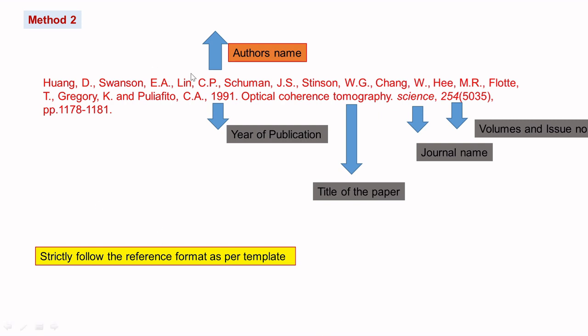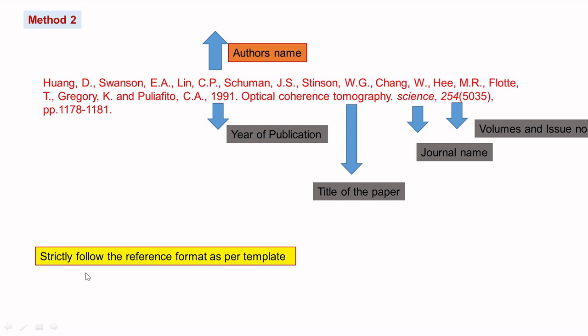First you should have the author name, then give the year of publication, then a dot, then the title of the paper, then a dot, then the journal name, then a comma, then volume and issue number, then a comma, then page number.